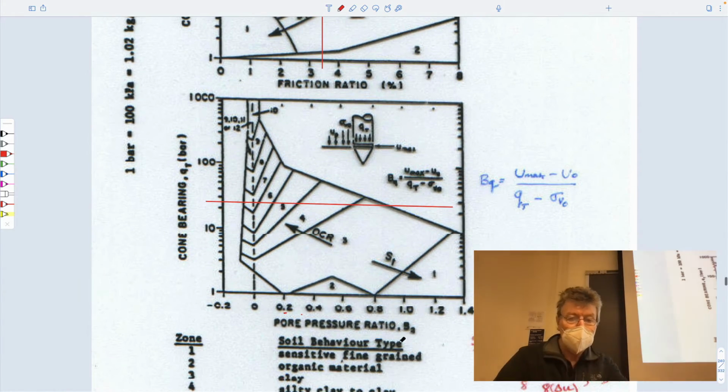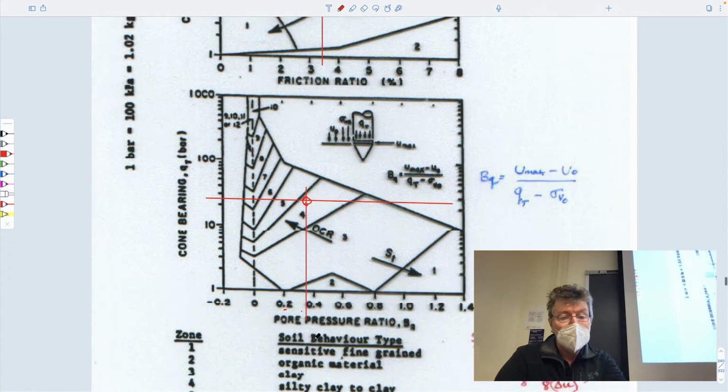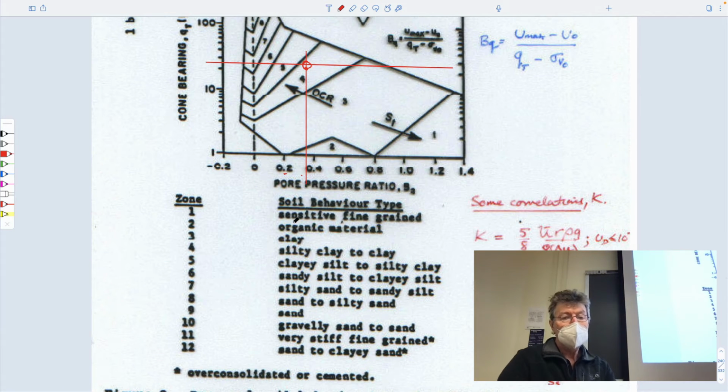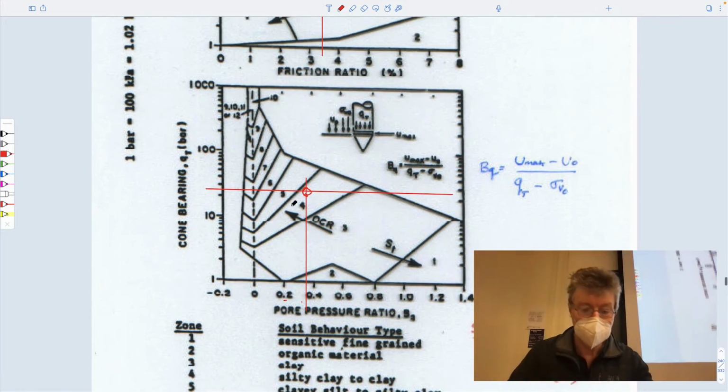If you also had a pore pressure ratio that was generated, you'd know that you're in this particular soil here. And hopefully they match up with the same numbers on each one of them. So these numbers just relate to a description of what the soils are. But you can also use it in a more quantitative way, for instance, to measure permeability in situ as a continuous profile. And so these kinds of tools are actually quite broadly used.